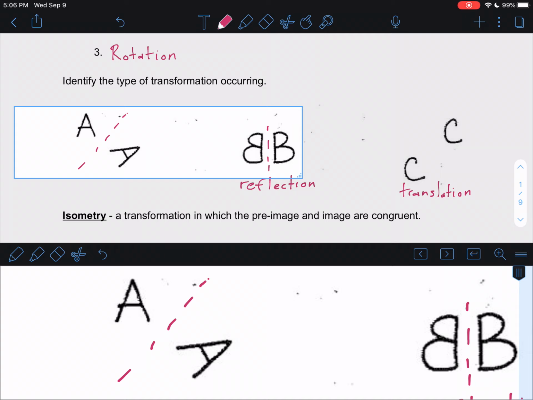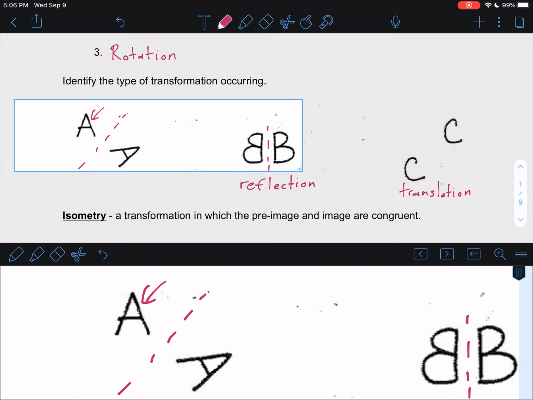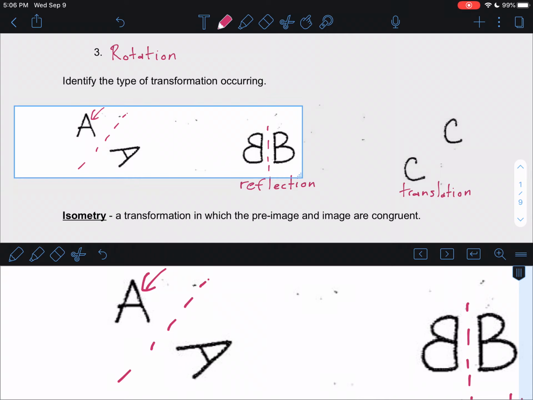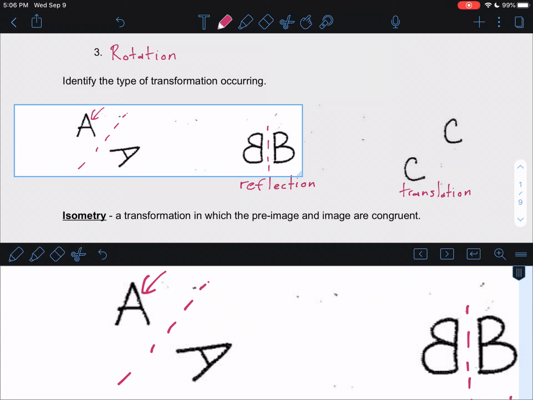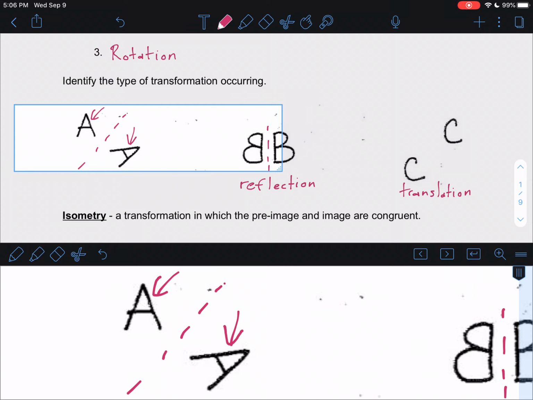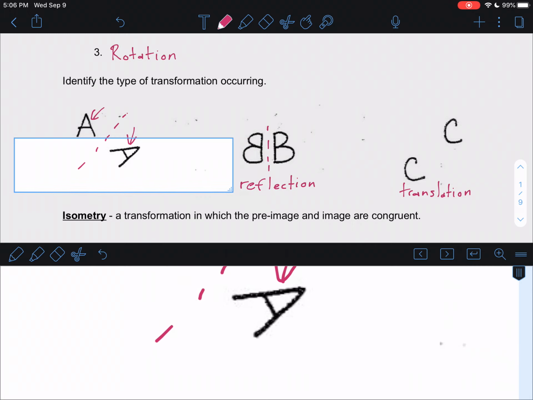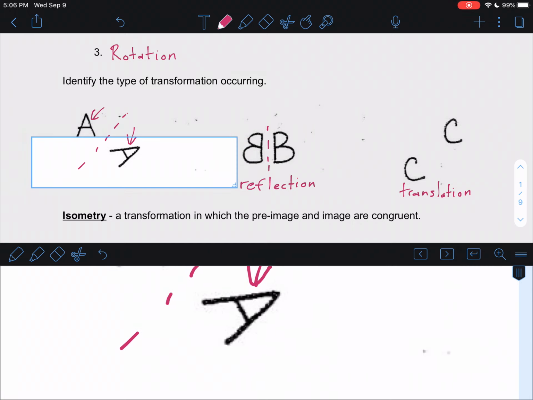So I took this A, and this A would be the pre-image, and then I reflected it across the line, and now I have this new A, which would be the image. So even though this one is supposed to represent rotation, I would also argue it could be reflection.